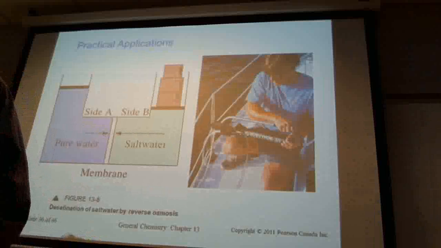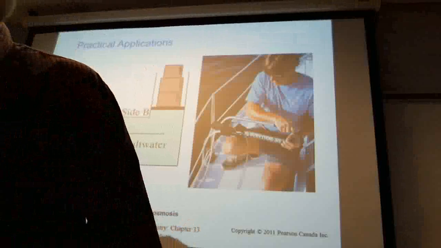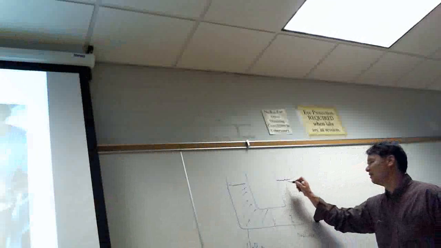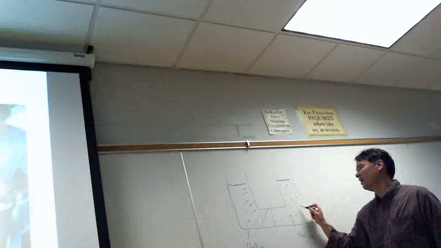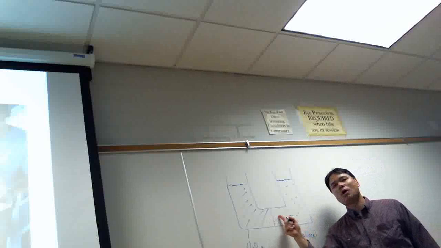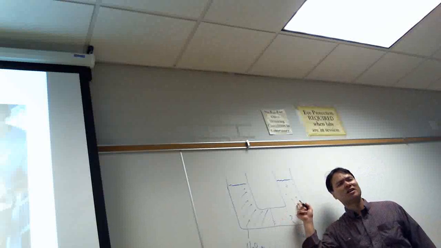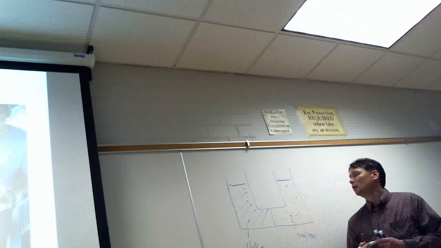So what's going to happen if we have salt mixed in with the water? They're separated by a semi-permeable membrane. These are salt ions in the water. This semi-permeable membrane only allows water to go back and forth, but not the ions, not the solute, because of size.